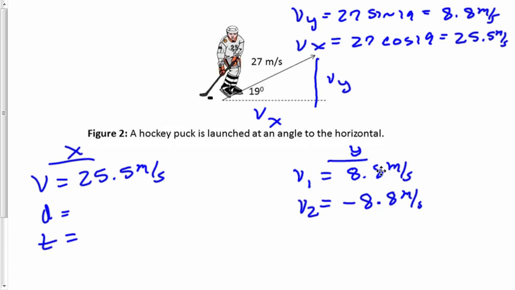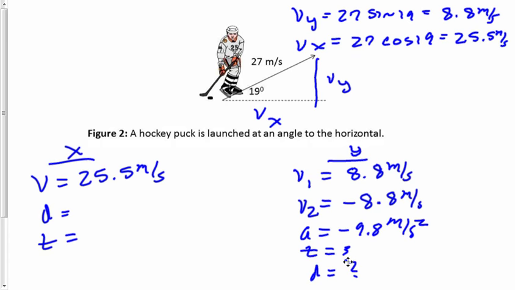Your beginning velocity will equal your final velocity, with the exception of a negative, because it's going downwards when it returns. Acceleration equals negative 9.8 meters per second squared. Time is something we're going to find. And lastly, displacement, we don't know.